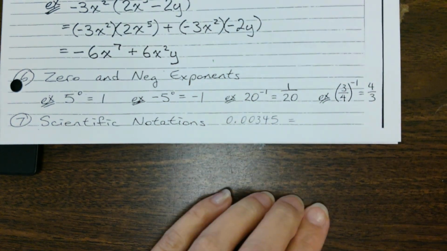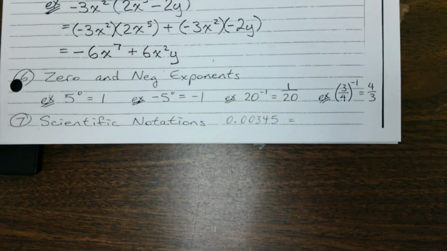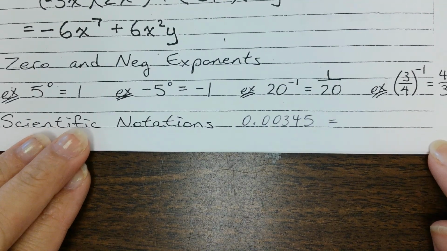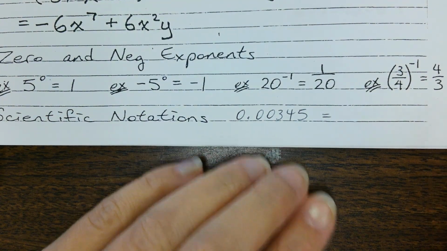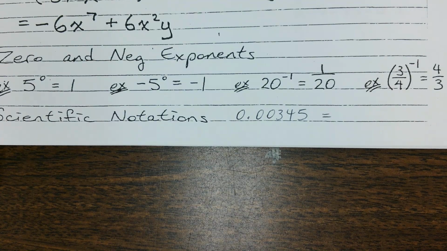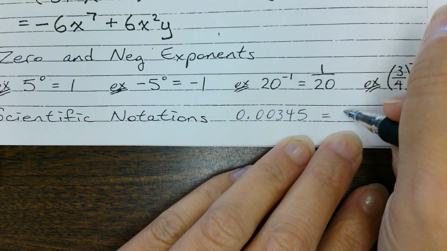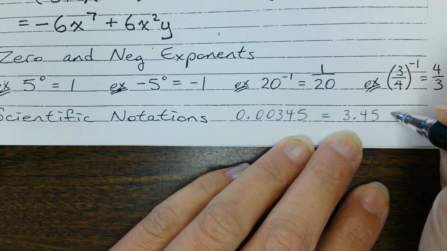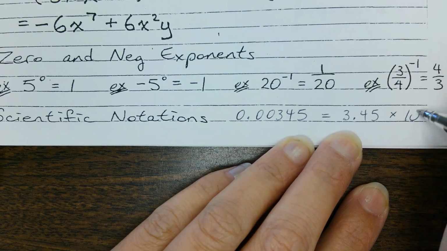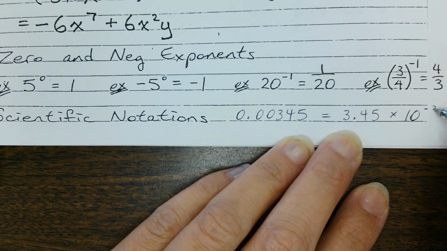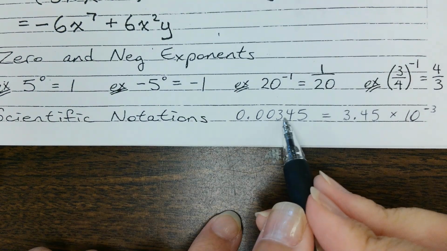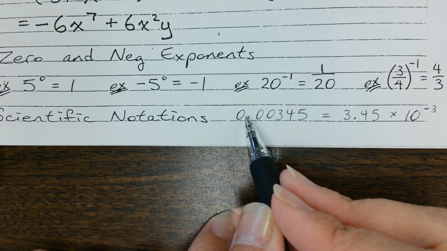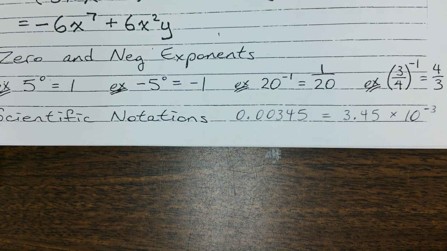When you write that in scientific notation, it is 3.45 times 10 to the negative 3. Perfect. Okay, and negative 3 because it's a very small number. You're moving the decimal to the left 3 places, so it's negative 3.